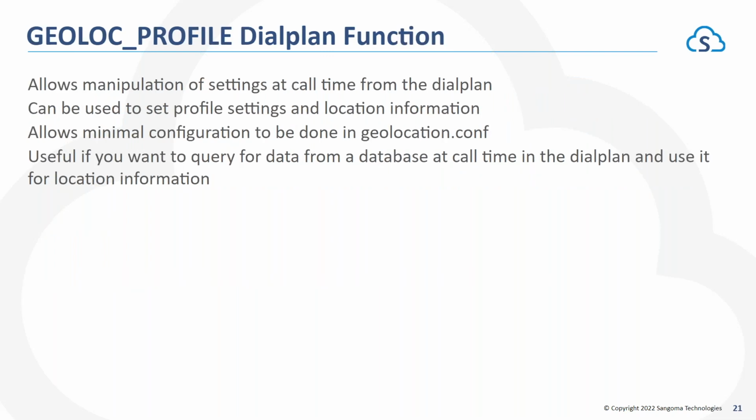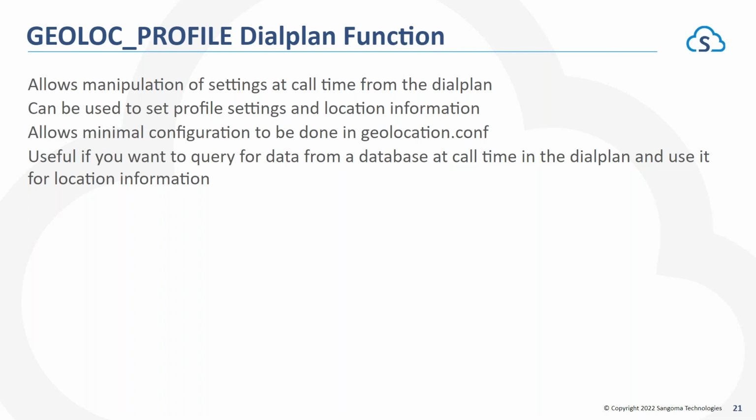We also provide a Dialplan function because some people want to do things in a dynamic manner. This allows the manipulation of the settings at call time instead of having it pre-configured. So you can set profile settings, you can set location information, and ultimately it allows you to set a minimal amount of configuration within the geolocation.conf configuration file.